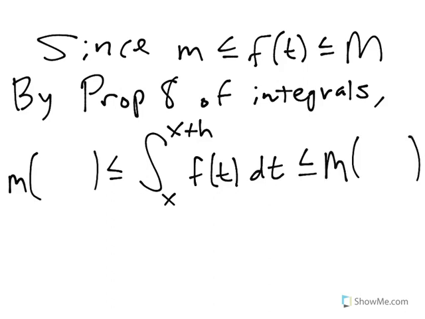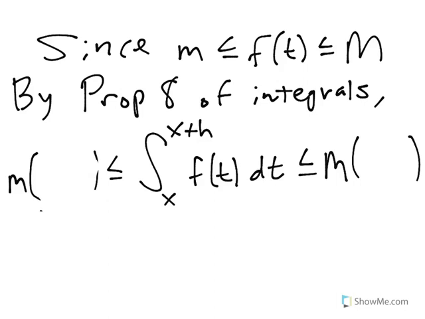Now the something in the last video was b minus a, but that's because the interval went from a up to b. This time it's not m times b minus a. It's the upper bound of the interval minus the lower bound of the interval, which is x plus h minus x. In fact, I don't need to write it like that, because x plus h minus x is just h.